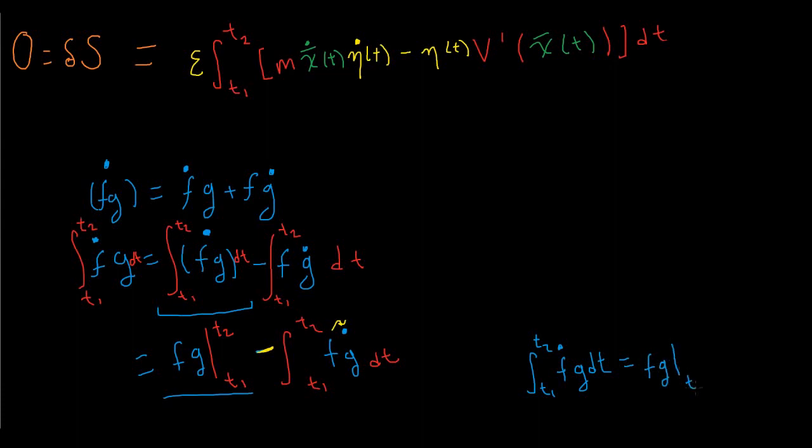Hope you can follow anyway. So the integral from t1 to t2 of f dot times g dt equals f times g evaluated at t1 and t2, minus the integral from t1 to t2 of f times g dot dt. All right, so that's integration by parts.